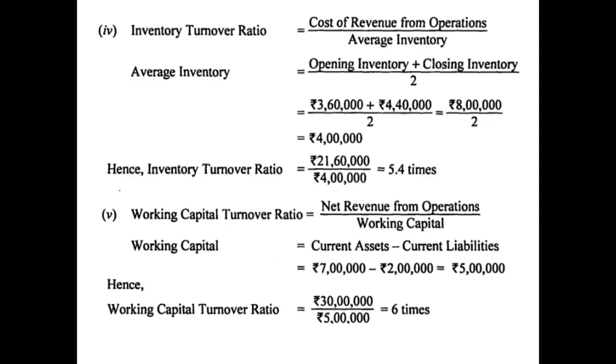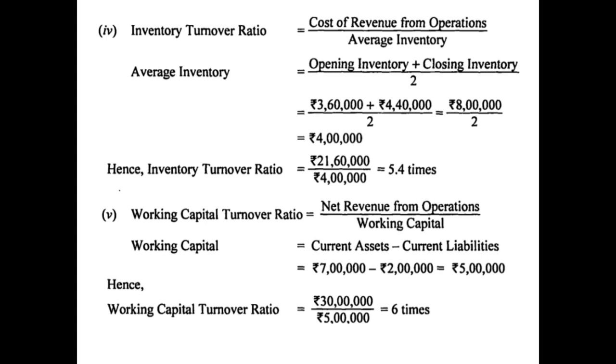Now the next ratio which you have to calculate is the inventory turnover ratio, and we know that the formula for inventory turnover ratio is cost of revenue from operations upon average inventory. And don't get confused, children, turnover ratios are always calculated in times.